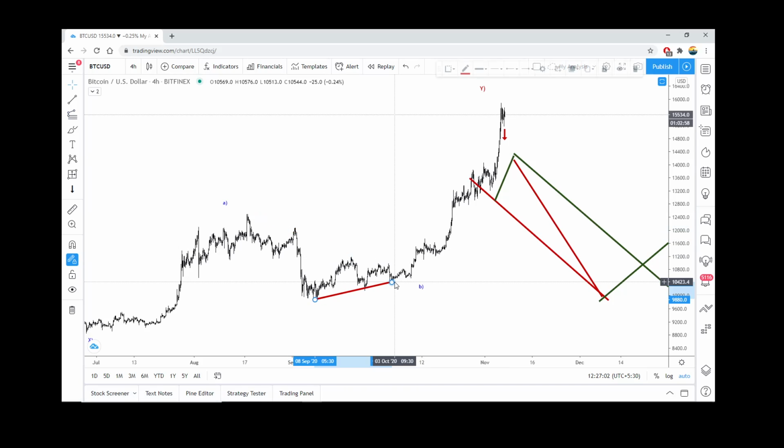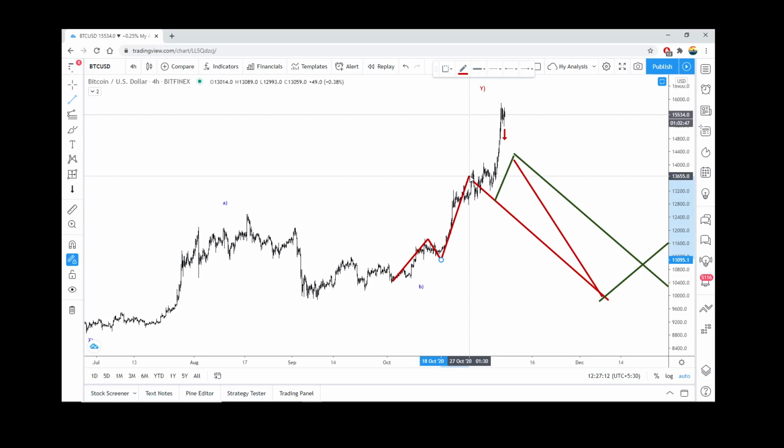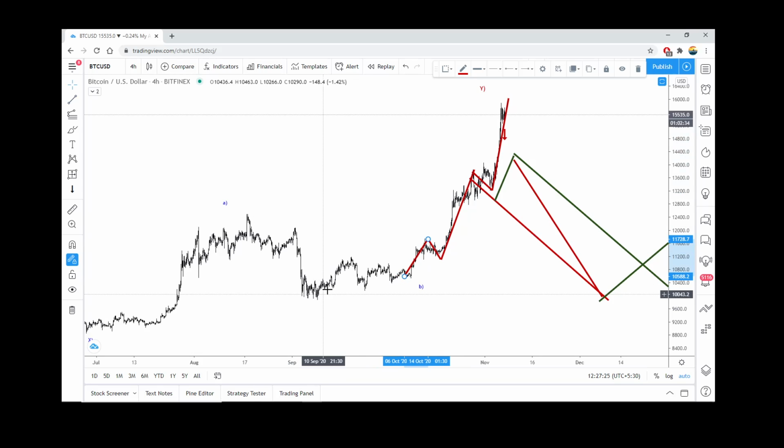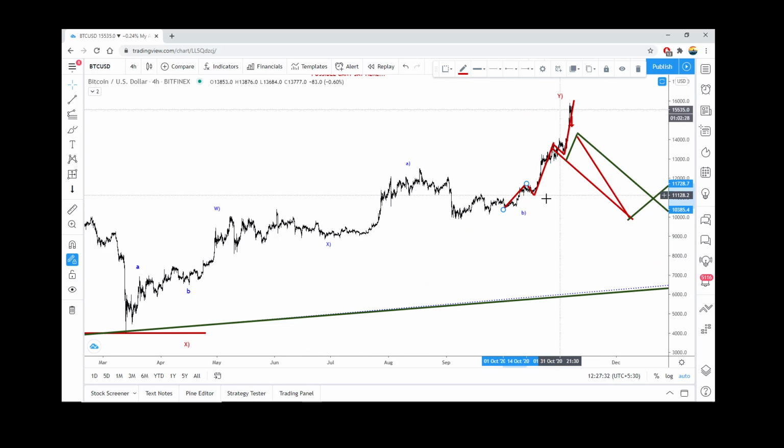So in that case, we are in that 1 2 3 4 and 5, or this could be 1, this could be a 2, this could be a 3, this is the fourth, and this is to make the fifth wave. So in that case, A, B, C, D, E from here. This is my view, and it has to come down.